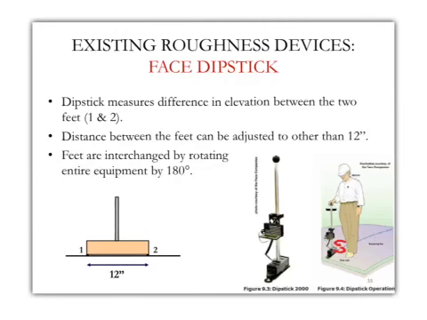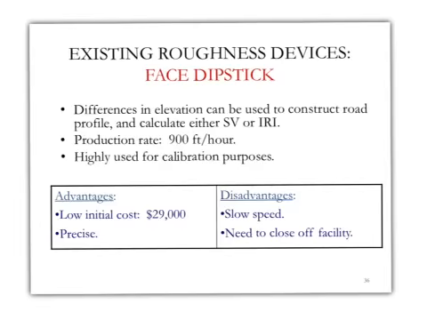So we don't depend on one data point per section. We measure it, then flip the device and measure it again, and come up with an averaged value. Once we have the differences in elevation between several points, we can use them to construct the road profile and eventually calculate either SV, which is slope variance, or the International Roughness Index.